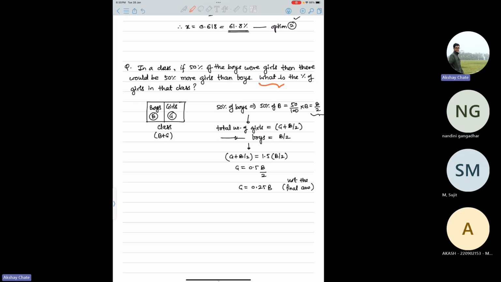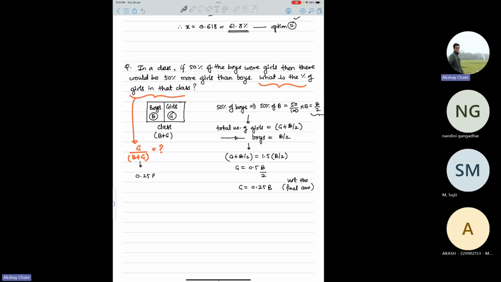They are asking what is the percentage of the girls in that class. So basically they are asking G by B plus G is equal to what. Since we know that G is 0.25B, you can just substitute it here.